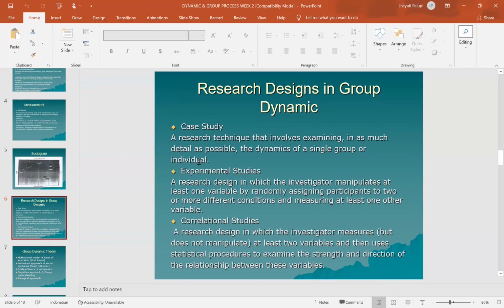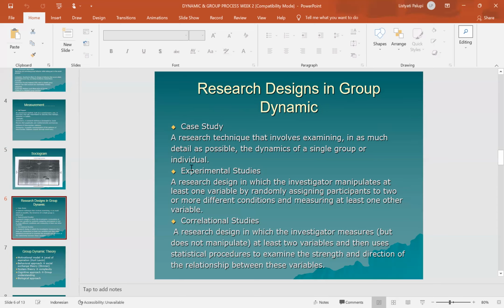While correlational study is a research design in which the investigator measures but doesn't manipulate at least two variables, and then uses statistical procedures to examine the strength and direction of the relationship between these variables. So there are three research designs that are usually used by scholars in group dynamics.